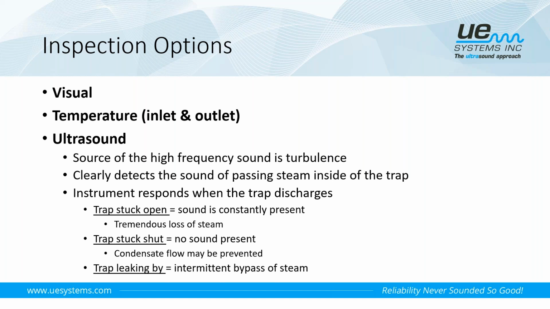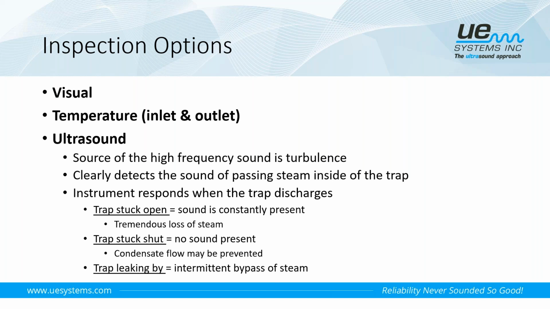There's another sound characteristic that comes into play with float and thermostatic traps and fixed orifice traps that we'll talk about, but again, the source of the high frequency sound is turbulence. The instrument detects the sound of steam or condensate passing across the seat of the trap, and it responds.